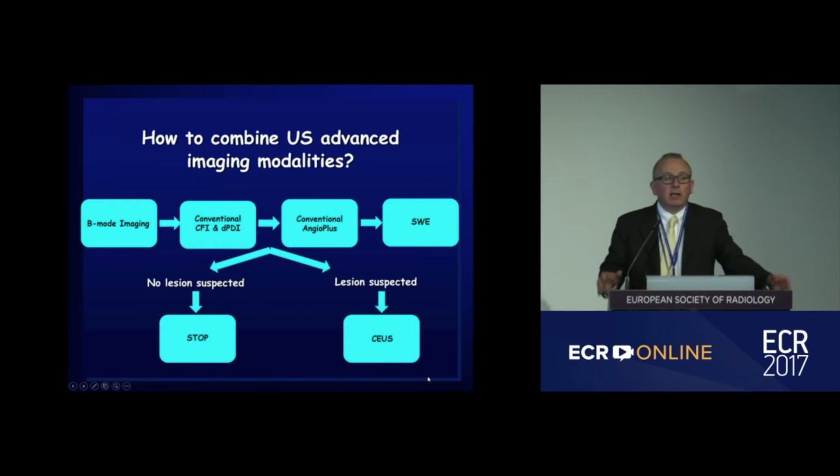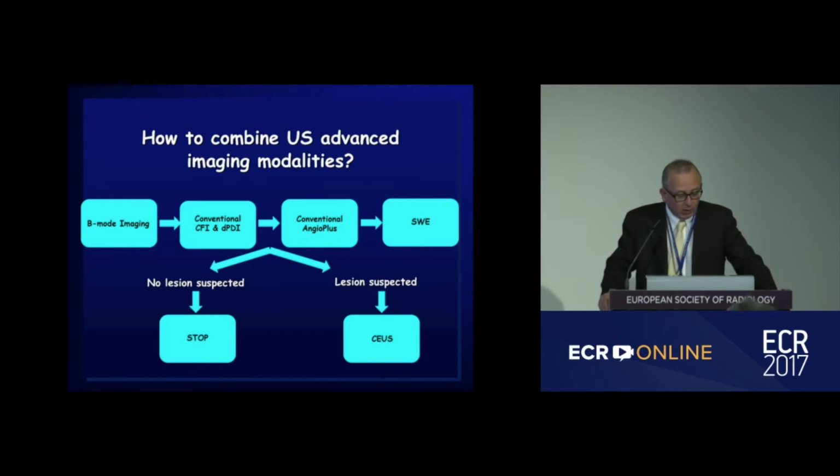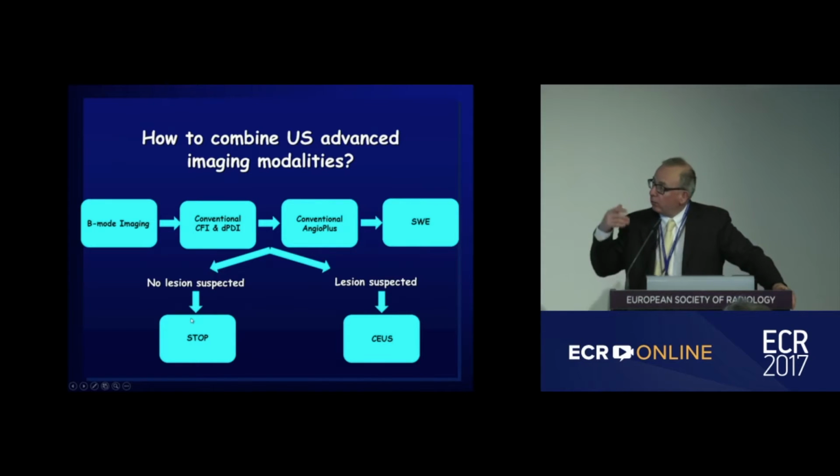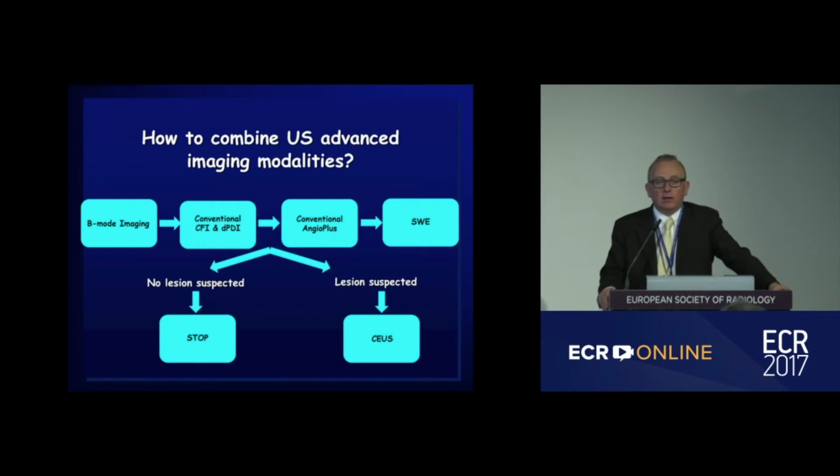But basically, we cannot use all these tools in all patients, as you are probably aware. So how can we do it right now? Basically, we always start with B-mode, and then we add the conventional color flow and directional power Doppler imaging. Then in routine practice we use the angioplasty and the shear wave elastography, because shear wave elastography only takes less than 1 to 2 minutes to just focus on the question.